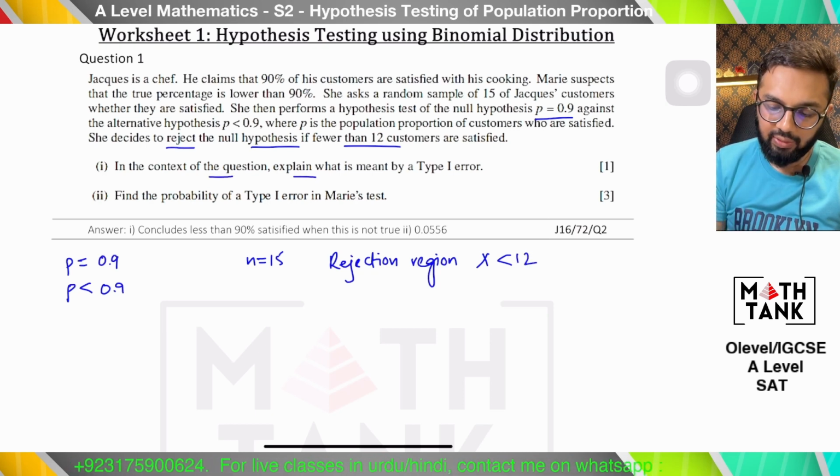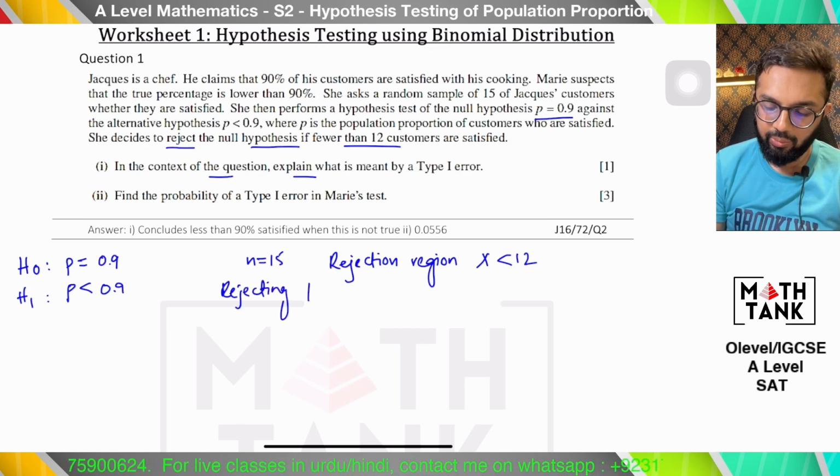In the context of this, explain what is meant by a type 1 error. So I have H naught and H1 in front of me. I'm going to say that a type 1 error means rejecting H naught when H naught is true.